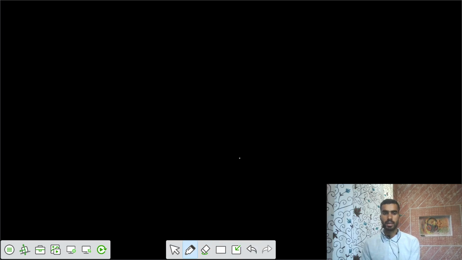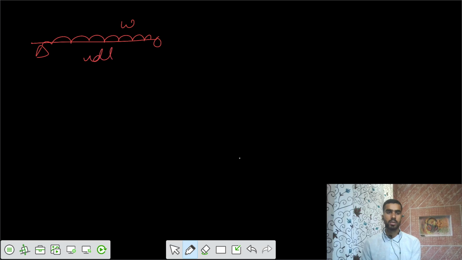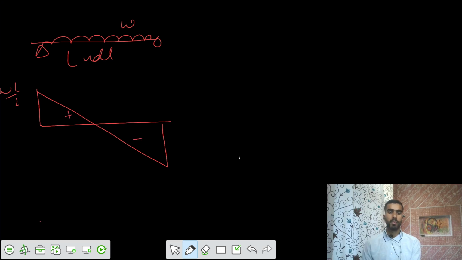Let's say that you have a simply supported beam, and there is a UDL for the entire length. For the length of L, if you draw the shear force diagram, this is WL by 2, with shear force positive and negative, and the bending moment diagram would be in this way, with WL square by 8 maximum.